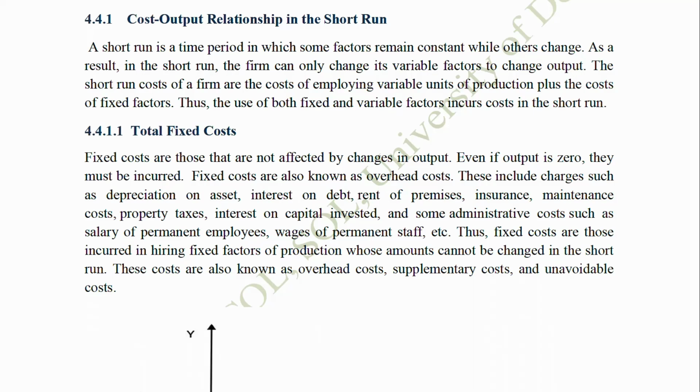Thus, fixed costs are those incurred in hiring fixed factors of production whose amounts cannot be changed in the short run. These costs are also known as overhead costs, supplementary costs, and unavoidable costs.